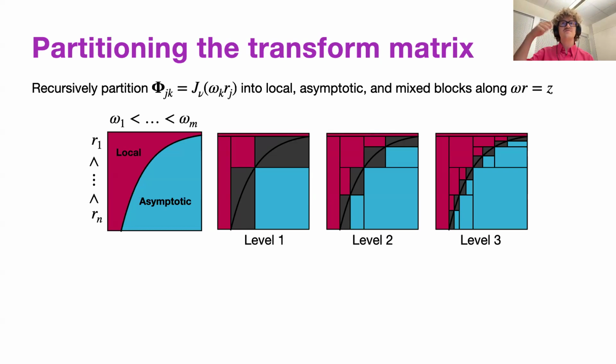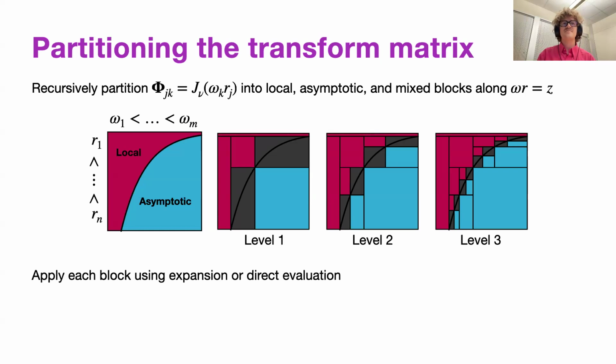We're just going to recursively partition our matrix along that curve into blocks which are either entirely local or entirely asymptotic. We'll continue this process until we've squeezed all of the blocks which are neither local nor asymptotic into an order one essentially band, so that we can evaluate them directly without impacting the asymptotic cost.